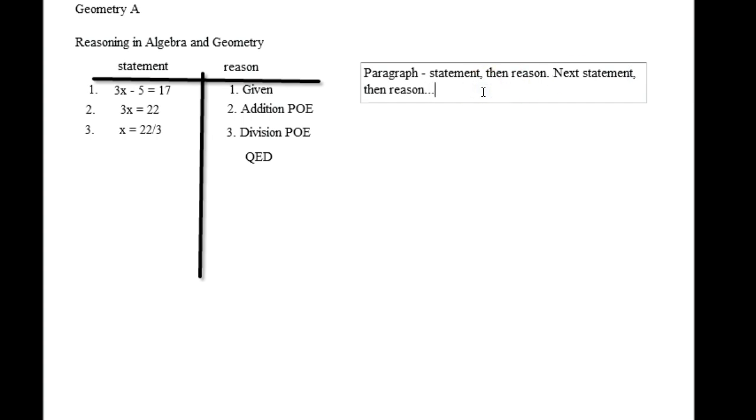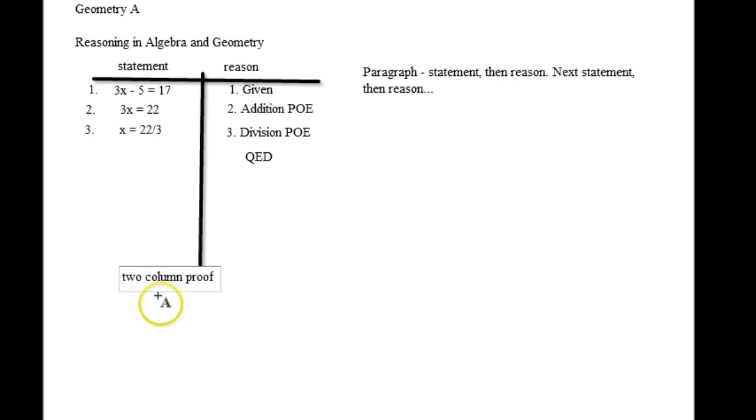So it just works that way. Paragraphs, they're not as elegant. This right here is an example of a 2-column proof.